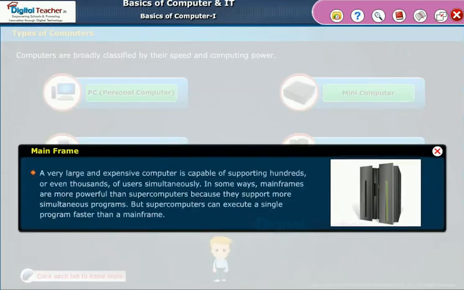Mainframe. A very large and expensive computer capable of supporting hundreds or even thousands of users simultaneously. In some ways, mainframes are more powerful than supercomputers because they support more simultaneous programs. But supercomputers can execute a single program faster than a mainframe.